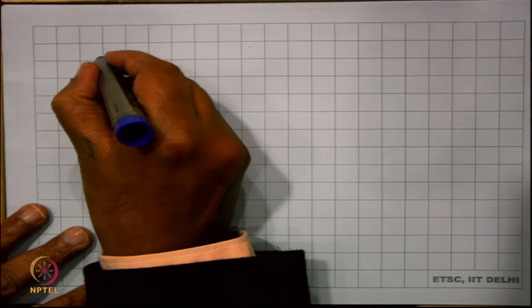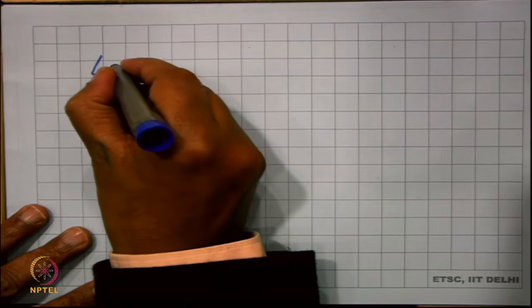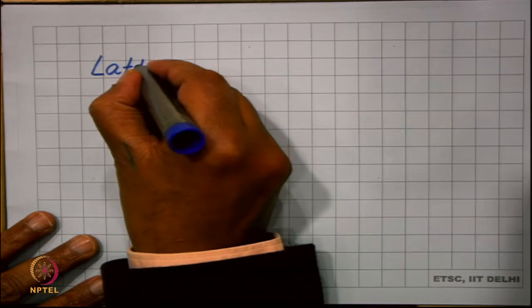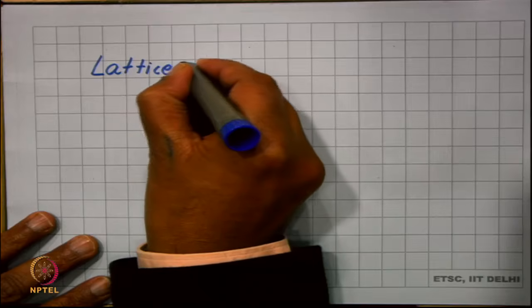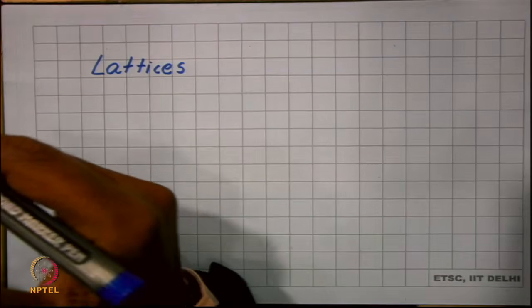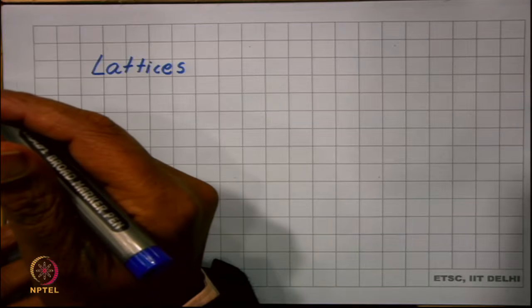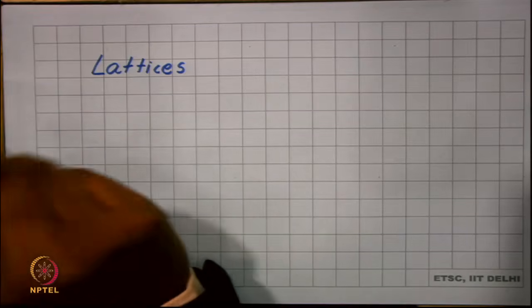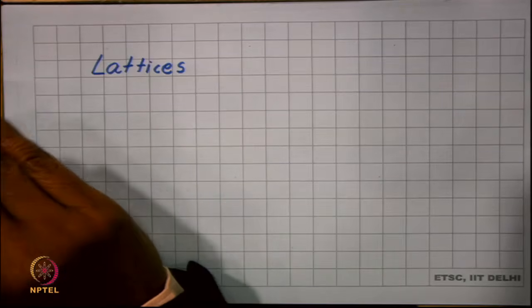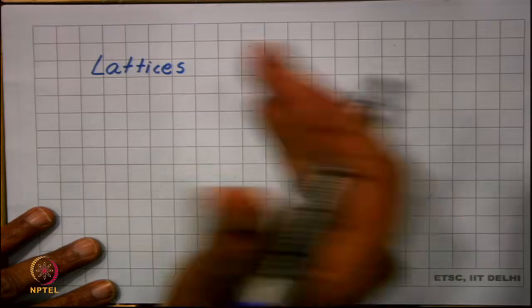So, let us put the conclusion of this video. What we have concluded is that essentially the problem is that we are trying to classify lattices by looking at the unit cell shape. This will lead us inherently into problems, because we know that a single lattice can be represented by many different unit cells.